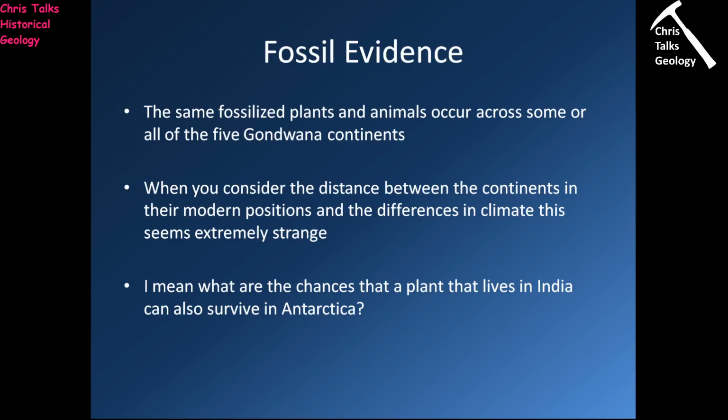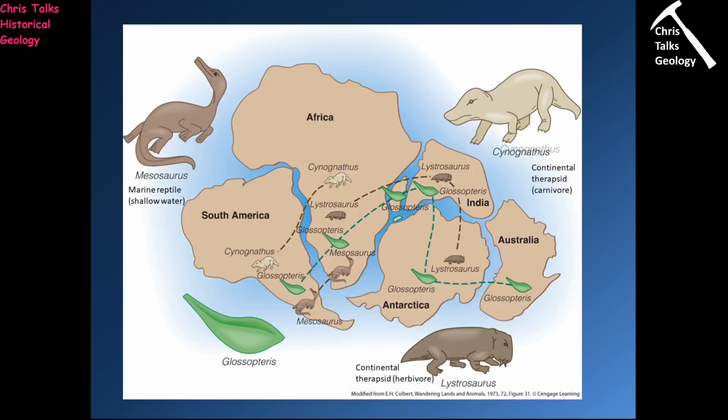I mean, a kangaroo would not do particularly well standing on one of the ice shelves of Antarctica. It wouldn't last very long at all. So this is a bit of a problem. The chances of us having the same plants and animals across multiple different continents, given those continents have different environments, are very, very low. So this is what they found.